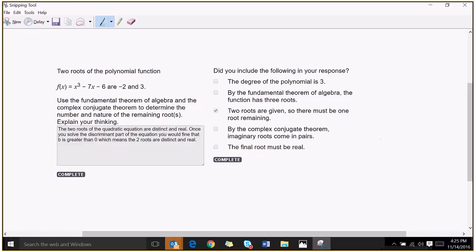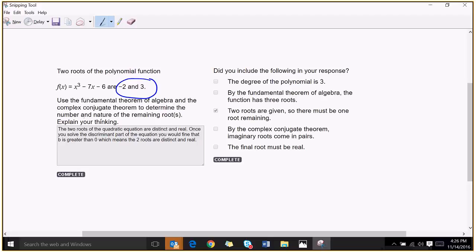Well, first here it says 2 roots of a polynomial function, x cubed minus 7x minus 6, are -2 and 3. It says using the fundamental theorem of algebra and the complex conjugate theorem, that's the one that says you can't have one imaginary, there has to be 2, to determine the number and the nature of roots that remain.